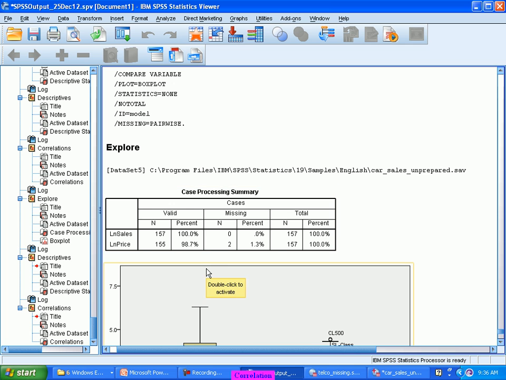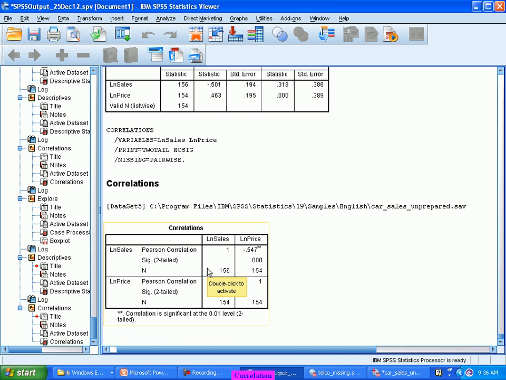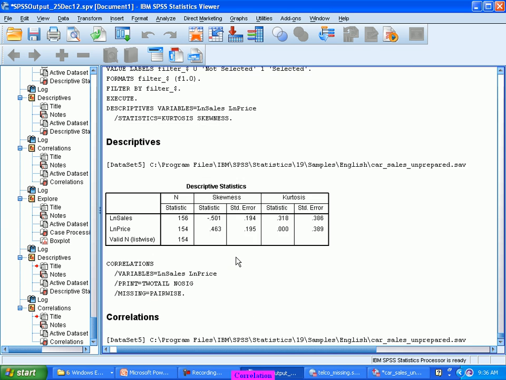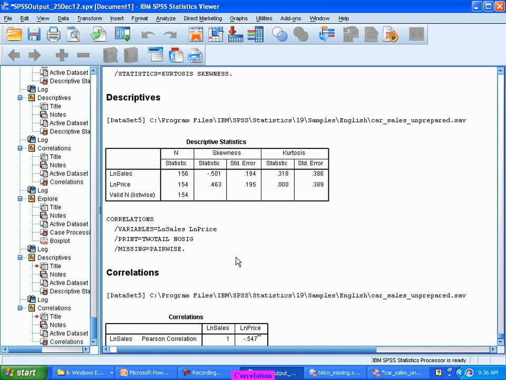See, by removing one outlier, we get an increase. Instead of minus 0.51, it's as good as saying, once we use it in our regression equation, it becomes more and more clear. It's as good as saying my sales equal to, let's say bluntly, minus 0.51 times price plus something versus minus 0.54 times price plus something.